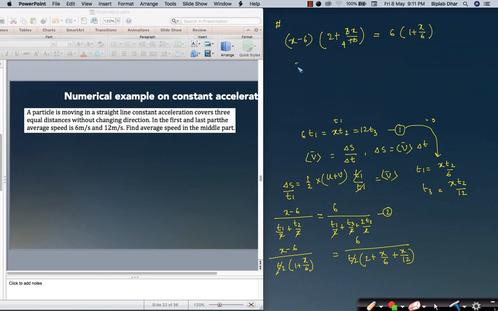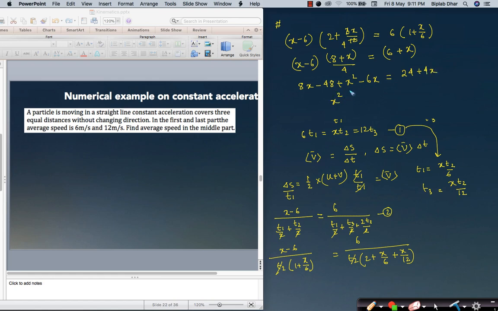So it is (x minus 6) into (2 plus x by 4), that is (8 plus x) divided by 4, is equal to 6 plus x, right? So I will multiply 4 with this side. So this is 8x minus 48 plus x square minus 6x is equal to 24 plus 4x.